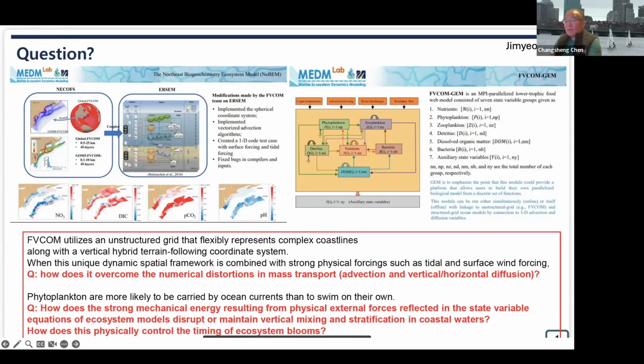But then offline, you do have a problem, right? Because you output data every hour, for example, you cannot run the model every hour. You have to run with a time step of 20 minutes, or 2 minutes or something. You have to make it smaller.